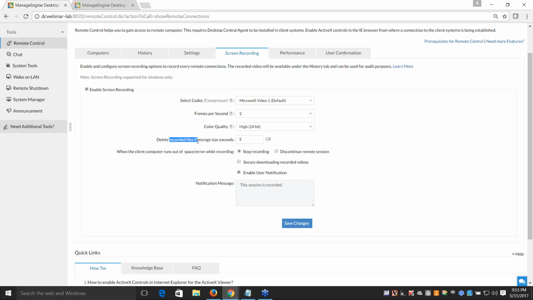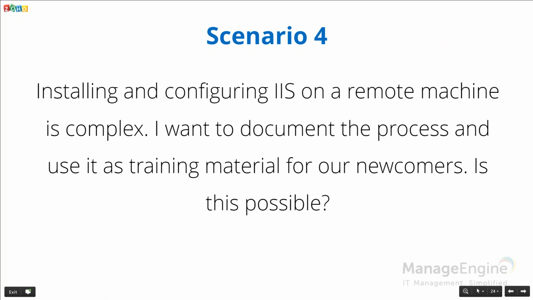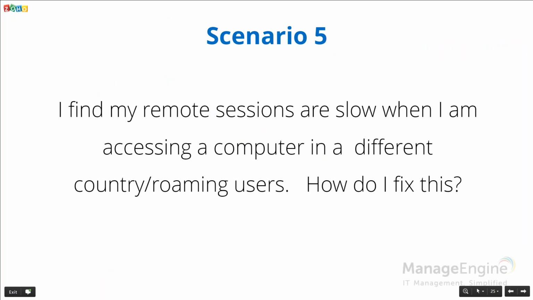There are settings like deleting the recorded files if they exceed, let's say, 5 to 6 GB. You can even secure the downloading of the recorded videos, as well as enable the user notification, so they will be aware that this session is being recorded. So that's how you can use the screen recording function.